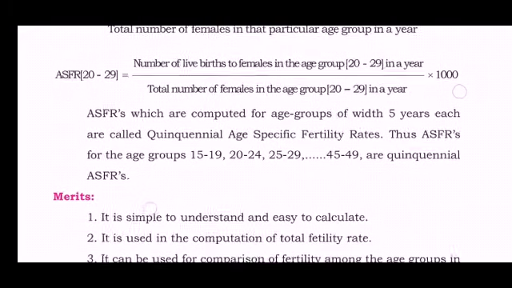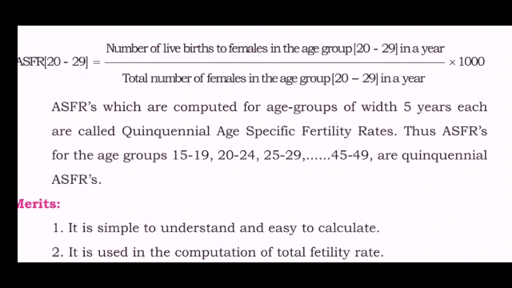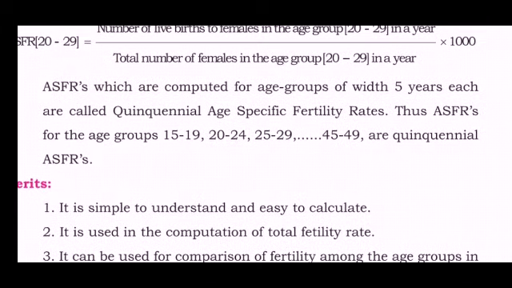And here, if 5 year groups are given, that is 15 to 19 year, 20 to 24 year, 25 to 29 year, 30 to 34 year, 35 to 39 year, 40 to 44 year and 45 to 49 year, there are total 7 age groups of 5 years width.